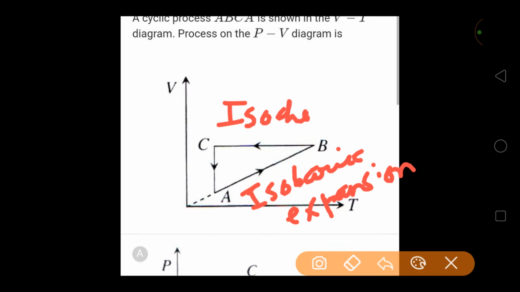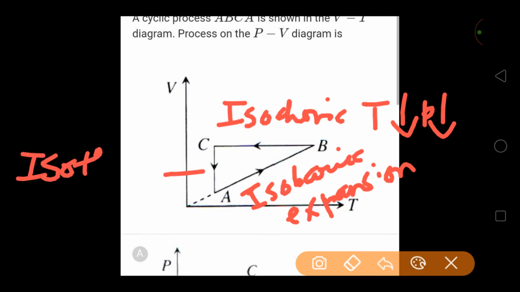B to C is isochoric. Temperature decreasing. So pressure also has to decrease because P is proportional to temperature. C to A, isothermal. Volume is decreasing, so compression.